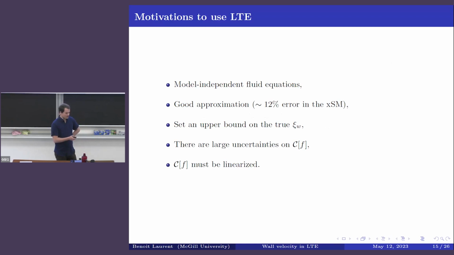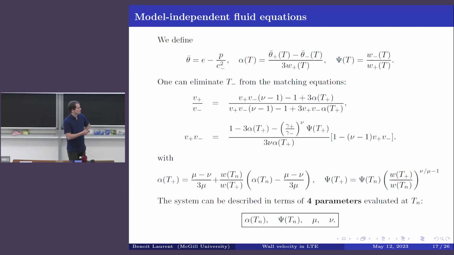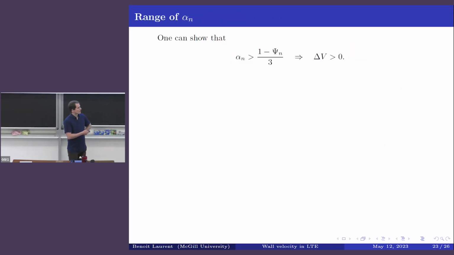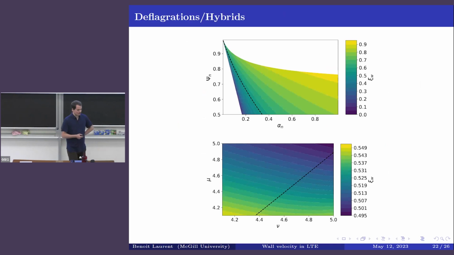But like I said, for a very fast hybrid wall, I don't expect the LTE approximation to be very good when the wall velocity is that high, even for a hybrid solution. But we will still get a hybrid solution because LTE always gives you an upper bound on the wall velocity.